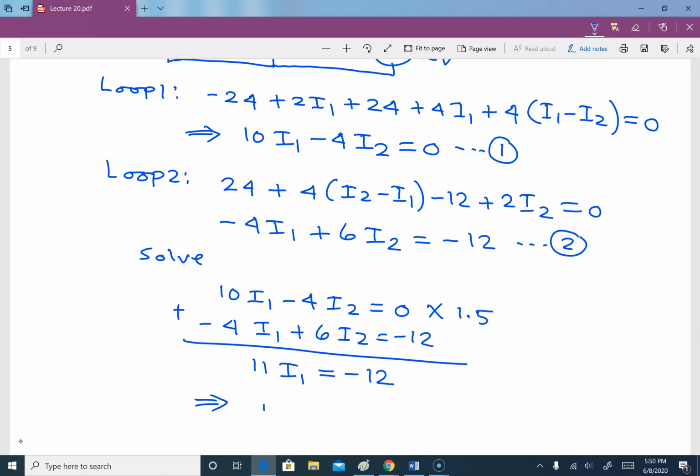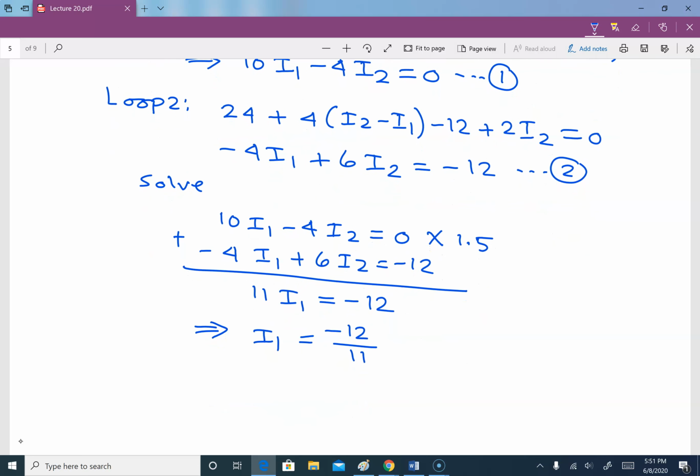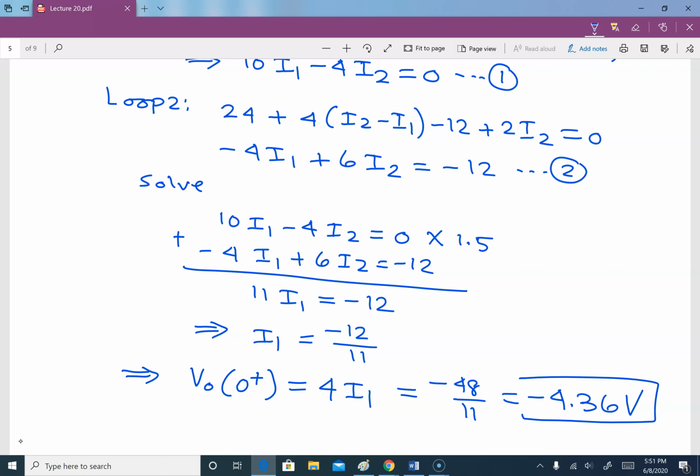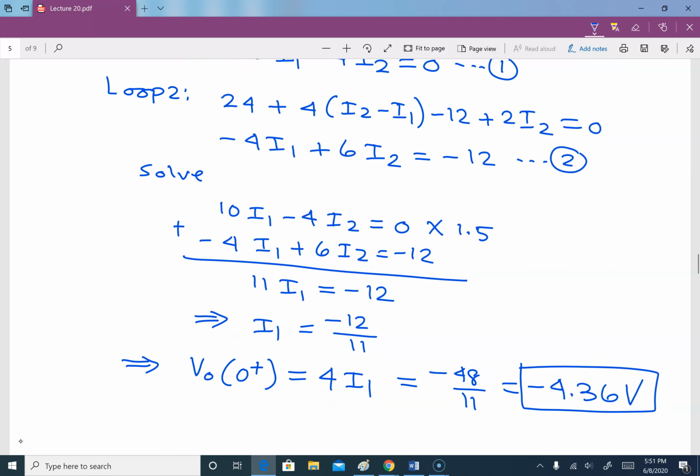And from that, I1 is equal to negative 12 over 11. So from this, our V naught of 0 plus is equal to the 4 kilo ohm resistor times I1, which is equal to negative 48 over 11, which is equal to negative 4.36 volts. And this is V naught of 0 plus.